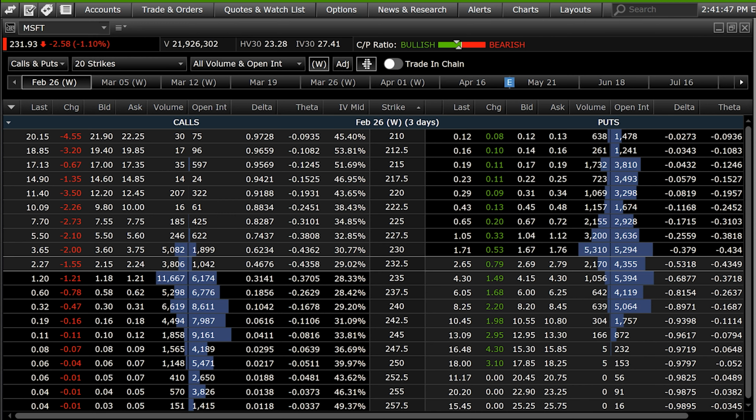And then here we have the options Greeks, and to me the delta, theta, and the IV are the most important Greeks that you can know about. So the delta, the theta, and the IV. Delta will tell you the directional move of a call.